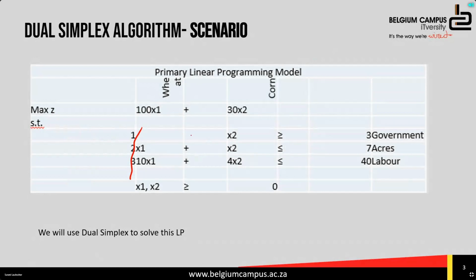Okay, so first off, just to recap quickly, what do you do with your Z values with any simplex? You take it over, so it becomes minuses in this case, but either way its signs change, right? This is a greater than sign, so for two-phase you'll have your A as well as your XS. But what about dual?